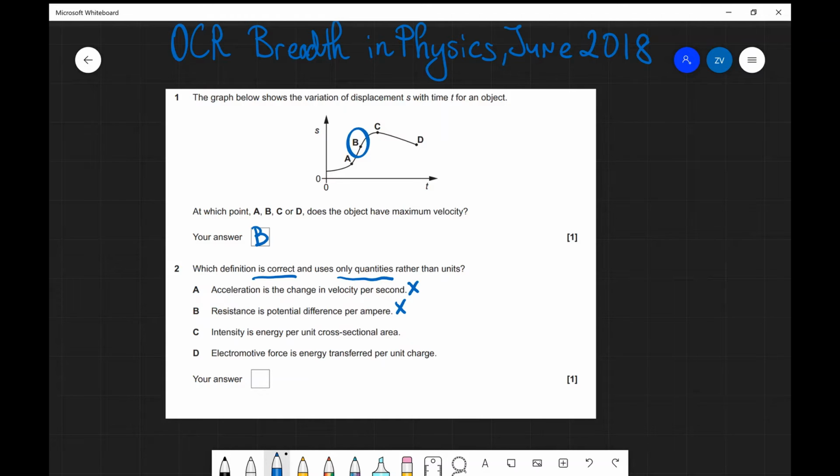That does not use units, however intensity is power per unit cross-sectional area, so this is not correct. And finally, D, electromotive force is energy transferred per unit charge, which is correct, and it also uses just the quantities rather than the units themselves. So in this case the correct answer is D.